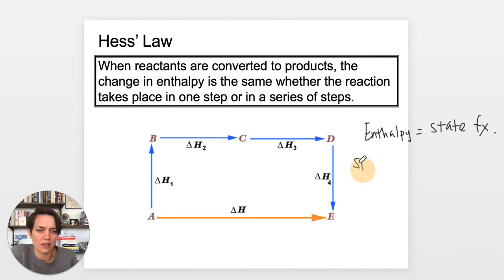A state function means that all that matters is the current state. So we've talked about change in enthalpy, change in pressure, change in temperature, change in volume. It doesn't matter what the pathway is.